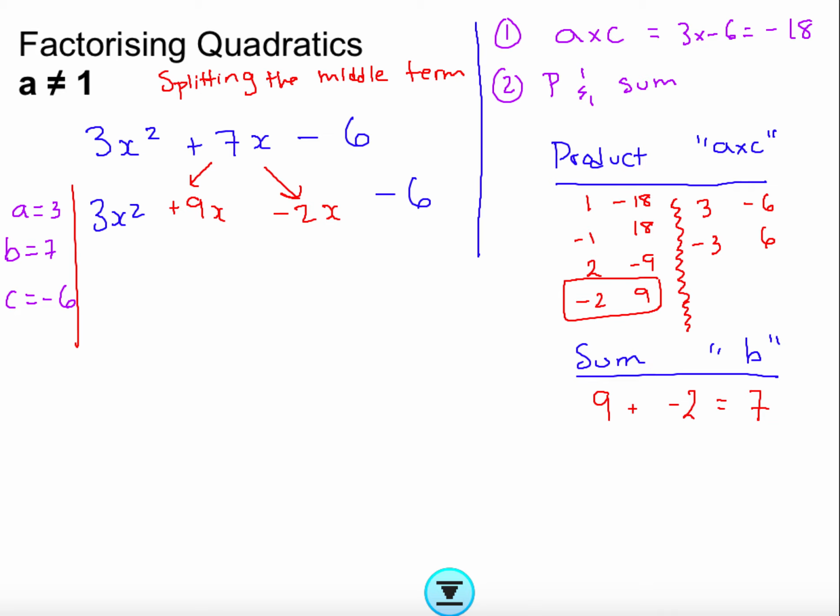And what you're going to do is look at this as one factorization, and then look at this as one factorization. So factorizing the first two terms, full factorization, I'm going to take 3x out, and that's going to give me x plus 3.